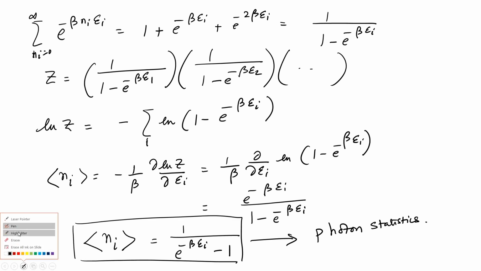Let me show it by laser pointer. So, if you put a bracket here and put a minus mu, that is going to work, but then let us derive it for a better understanding. So, this is boson statistics.